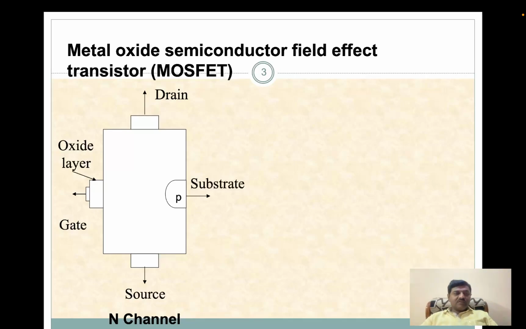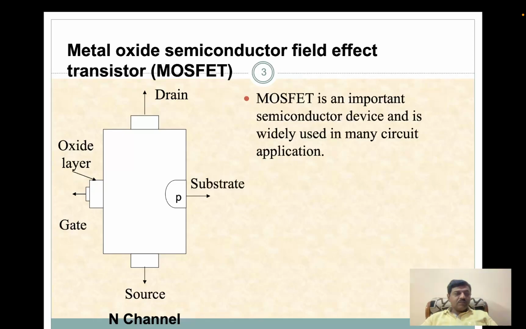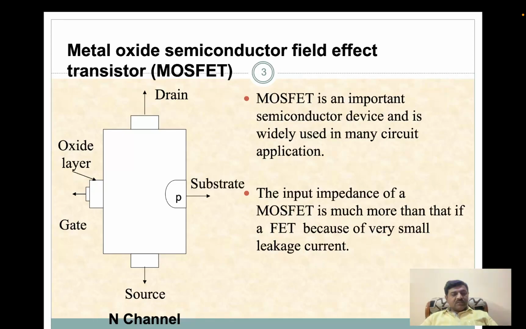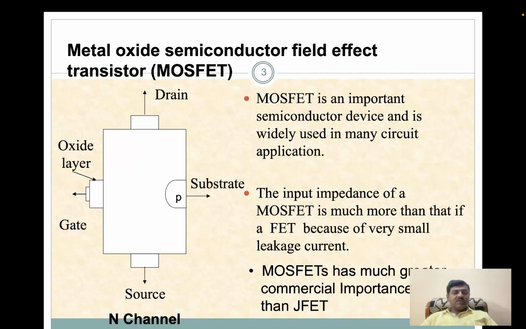MOSFET stands for metal oxide semiconductor field effect transistor. This is one of the important semiconductor devices which is widely used in all electronic circuits. For example, if you take your motherboard or a mobile phone, most of the components are made by using MOSFETs.